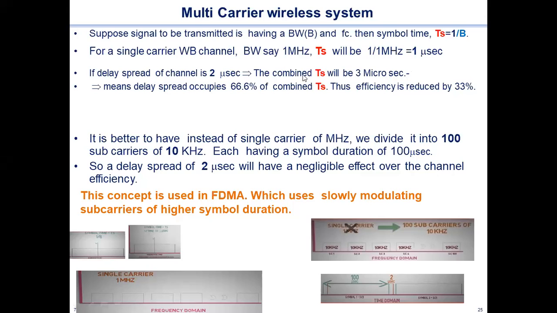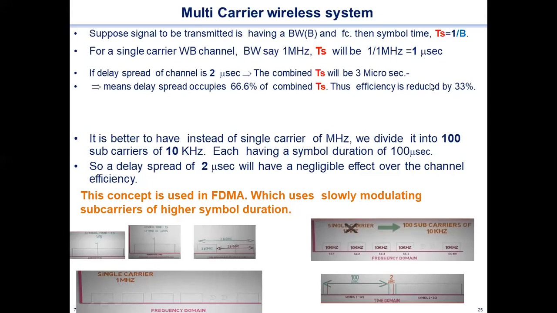So if the delay spread of the channel is, let us say, 2 microseconds, you can see here, this is the carrier with 1 microsecond period and 1 megahertz bandwidth. There is a delay spread of 2 microseconds. That means this symbol appears at the receiver after 2 microseconds.